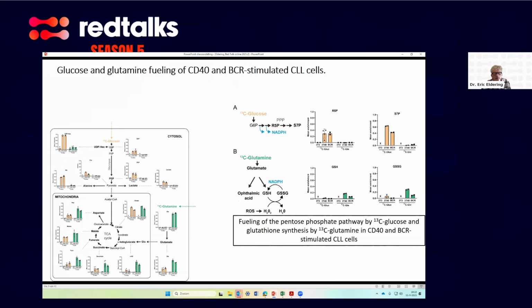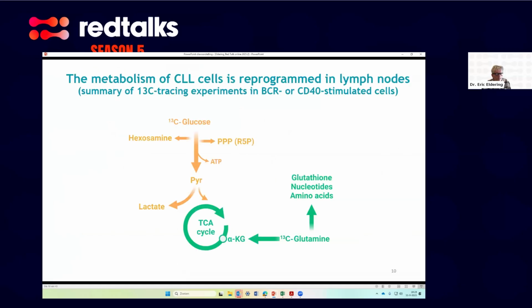So more details on that: we found that glucose is fueling what is called the pentose phosphate pathway, which is generating building blocks for DNA. And glutamine is more involved in glutathione metabolism, but that's a detail that's not very important now.